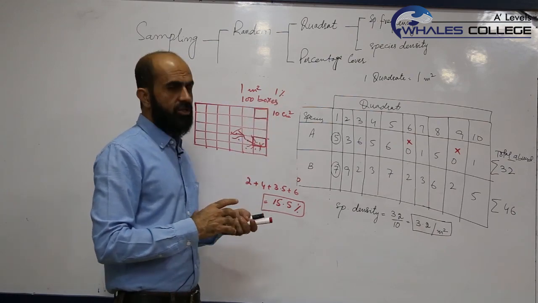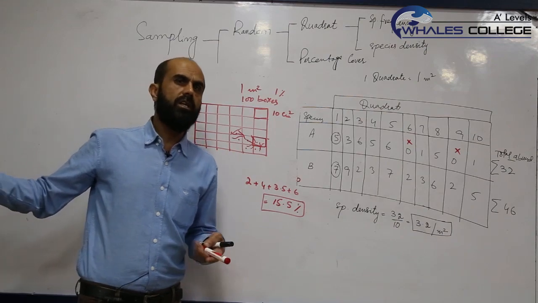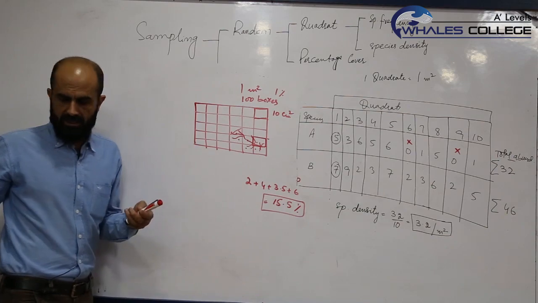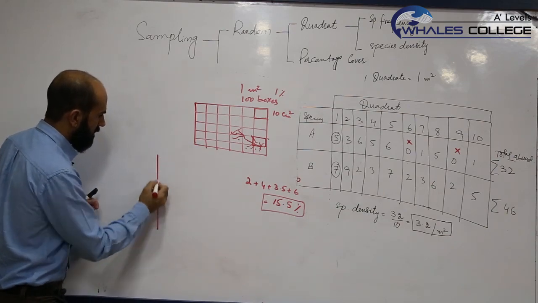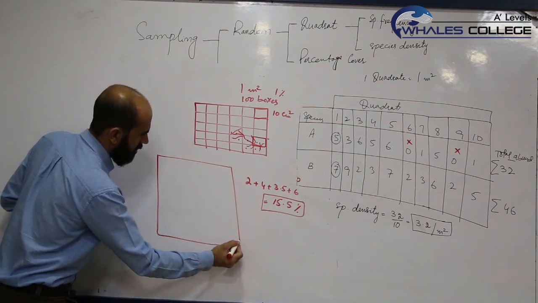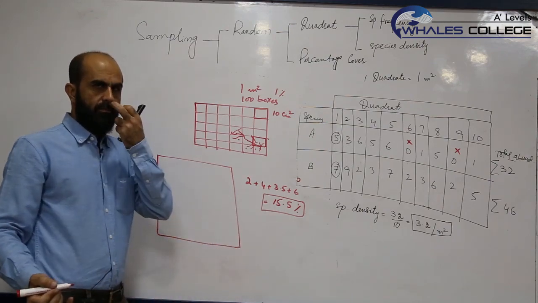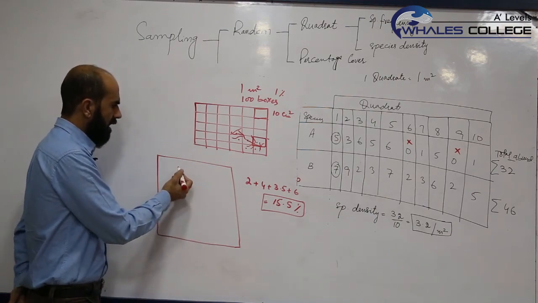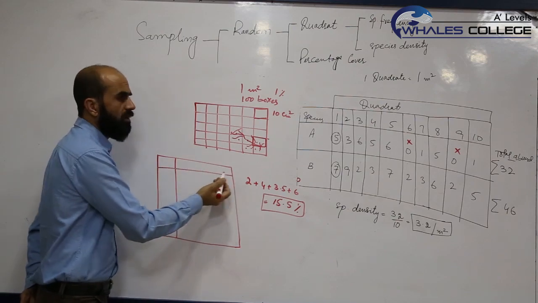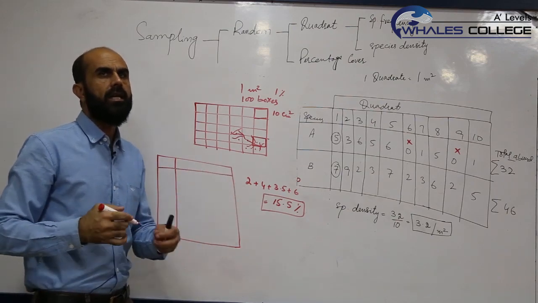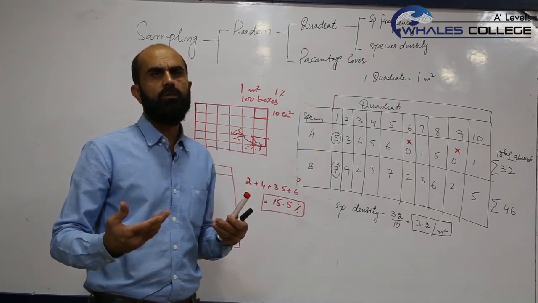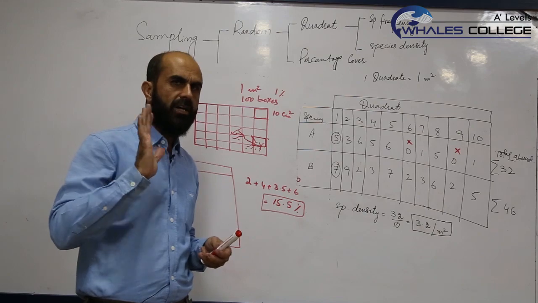Now, percentage cover also has a scale which is called the abundance scale. What is meant by abundance scale? It's like an international scale calibrated by ecologists and biologists, and they say we have to give certain numbers to represent the percentages. In this scale we have just 5 numbers.